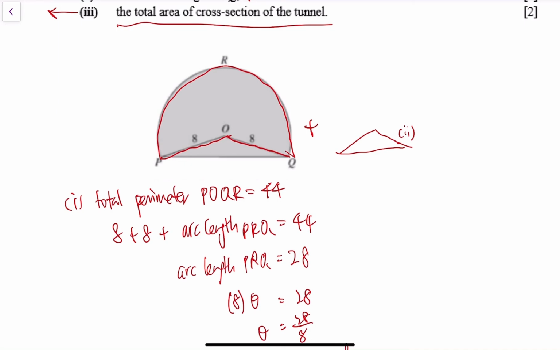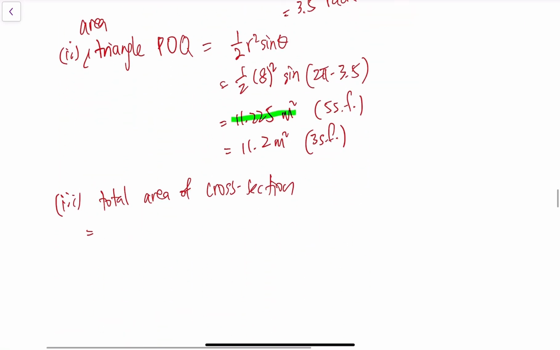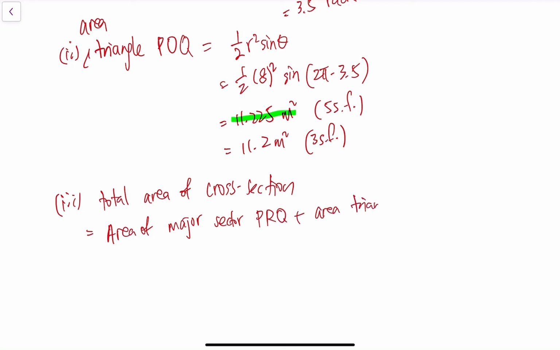Then I'll get my answer. So I will just need to take the area of major sector PRQ plus area of triangle POQ.